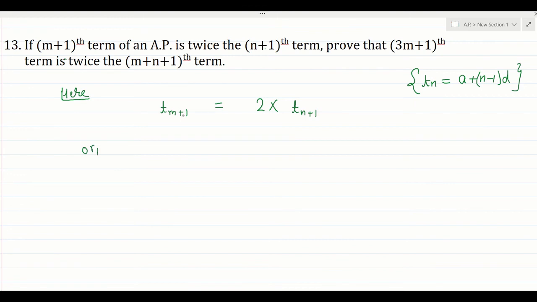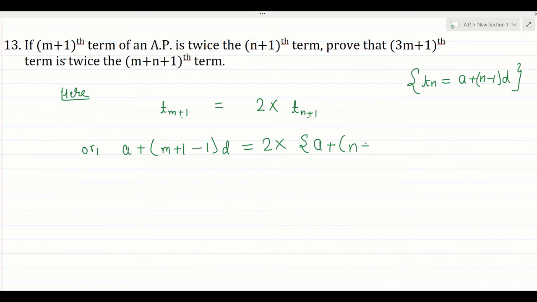So in place of Tm plus 1, we can write A plus in bracket, instead of this n, what shall we keep? We should keep m plus 1. So it is m plus 1 minus 1 and D is also copied, equal to 2 into, now this T n plus 1 is given by A plus in bracket, instead of n we should keep n plus 1.